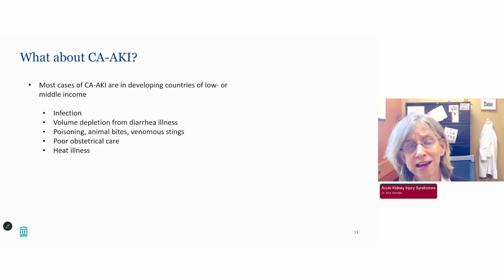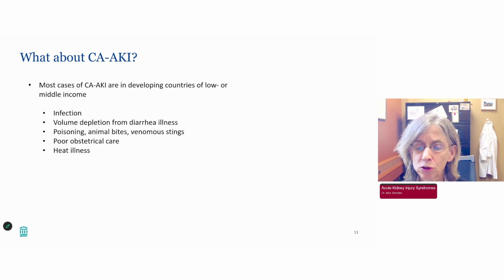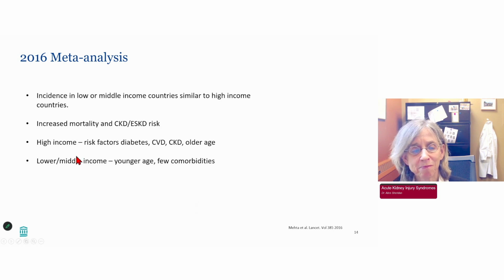The causes of AKI, broadly, are infection, volume depletion from diarrheal illness, poisoning, animal bites, venomous stings, poor obstetrical care, and heat illness. A 2016 meta-analysis run by Ravindra Mehta included studies from high, low, and middle-income countries using the KDIGO criteria, and it showed that the incidence in lower middle income is actually similar to the high income countries.